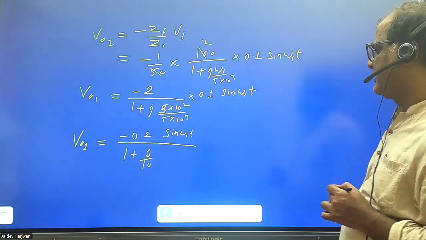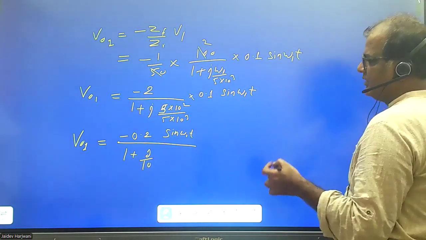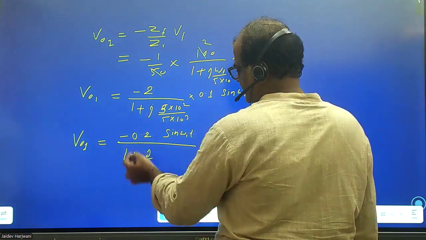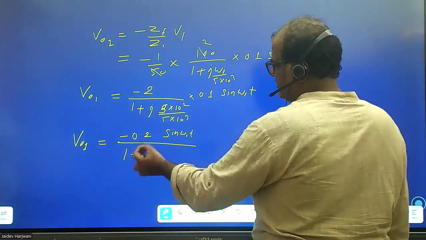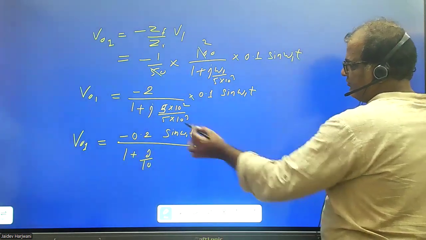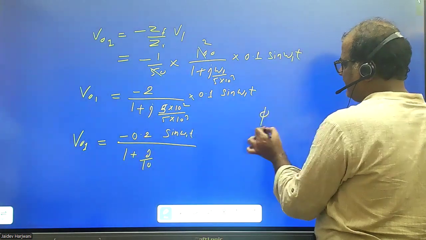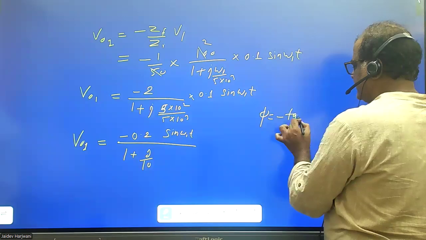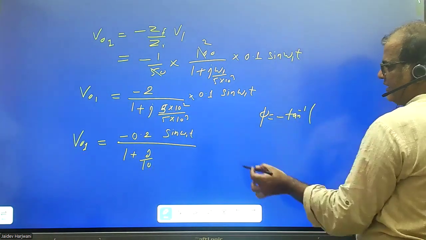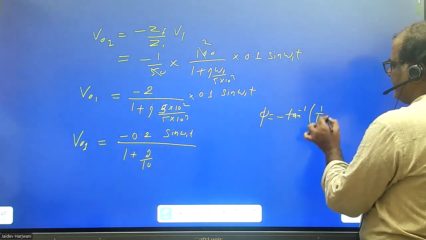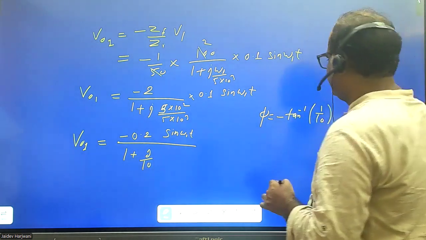Now if I find the magnitude of this, and in terms of phase, the phase of this number will be minus tan inverse of 1 by 10, y by x. You can easily calculate, simple thing.